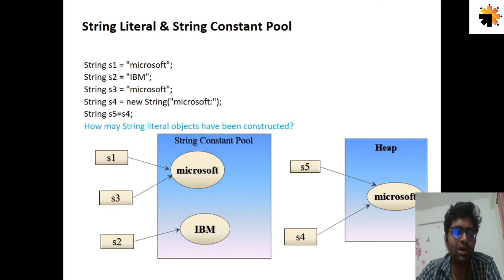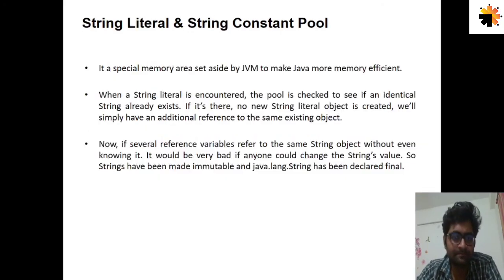So that's how string literals are created in the string constant pool memory, and then string objects with the new keyword are created in the heap memory. The string constant pool is a special memory set aside by JVM in the heap memory itself to make Java more efficient.